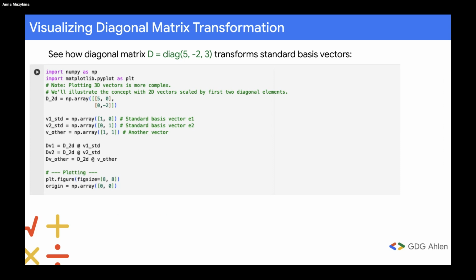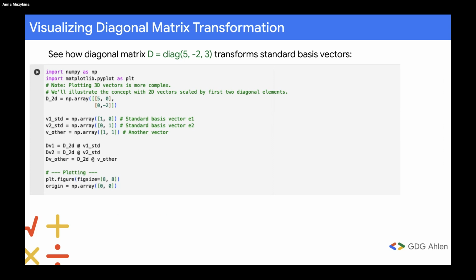Say D in our example is a 2 by 2 matrix where the first row contains the elements 5, 0, and the second row contains the elements 0, -2. We know its eigenvalues are 5 and -2. And the eigenvectors should be the standard basis vectors 1, 0, and 0, 1. Let's take a look at code.